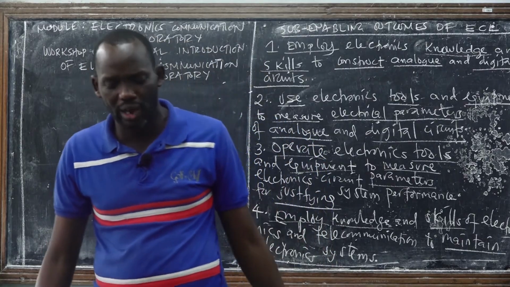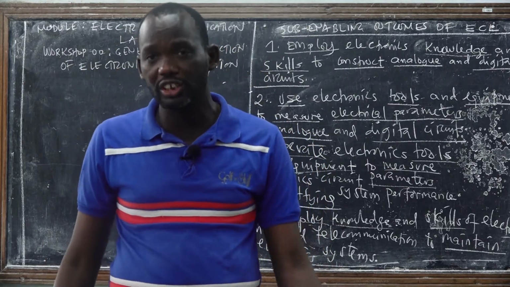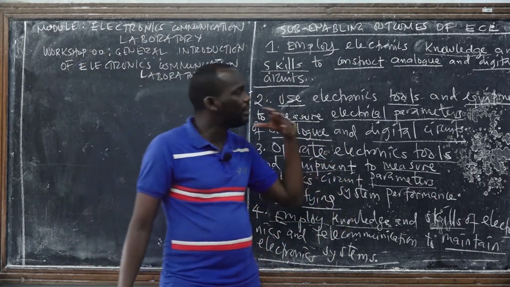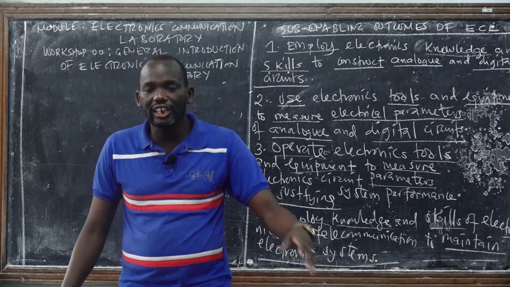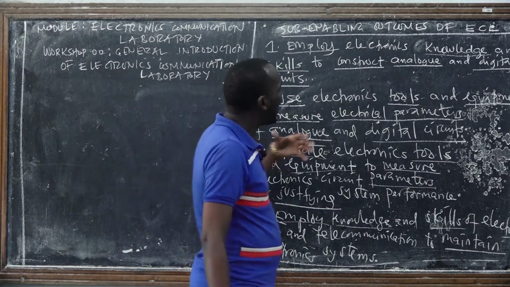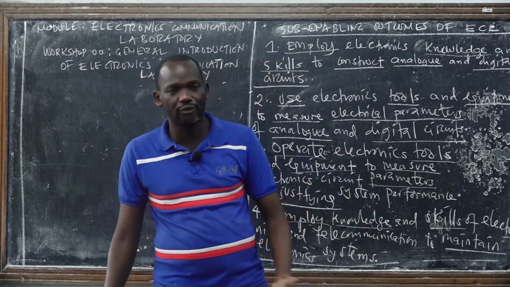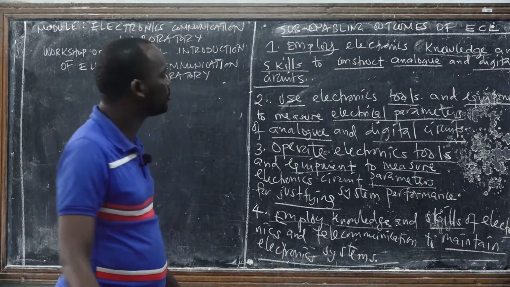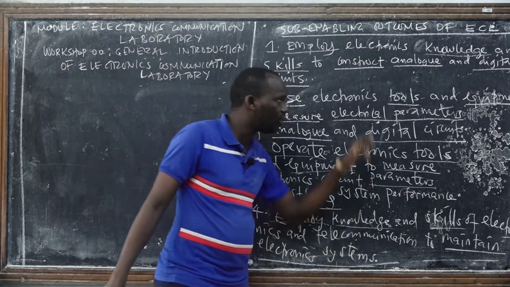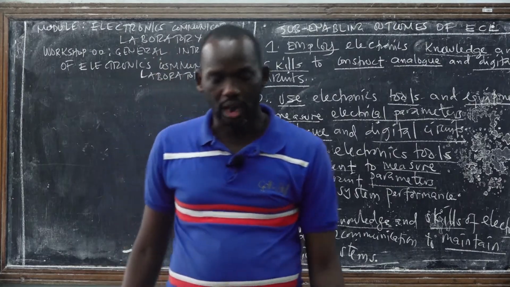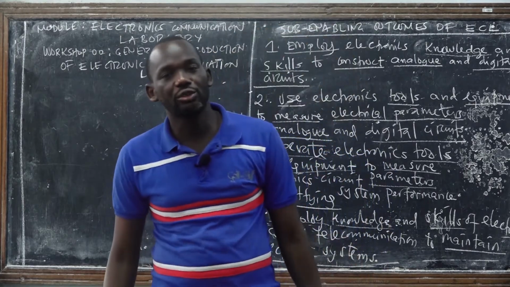So you have to make sure that you do the troubleshooting and check if there is a wrong connection, or improper connection, or some other challenges, or actual wastage of current when it is flowing from one point to another. All of those will be the maintenance of your electronics communication system. Are we together? Class, are we together?